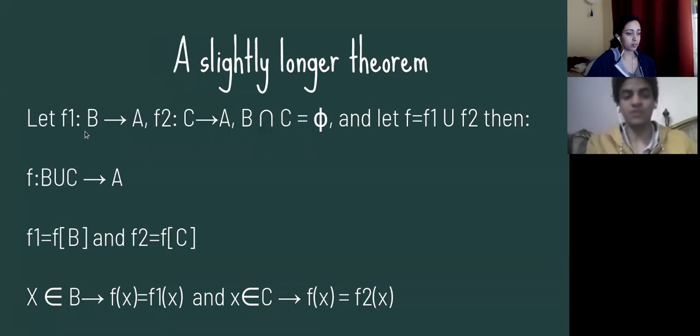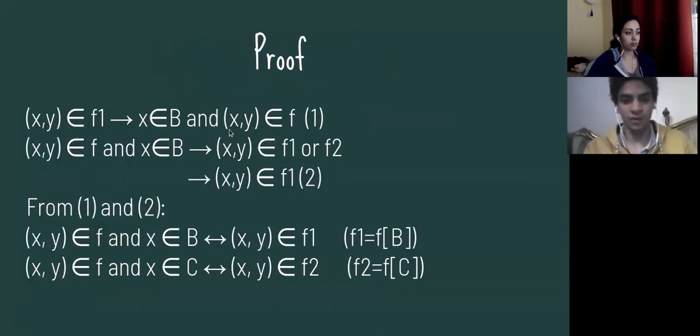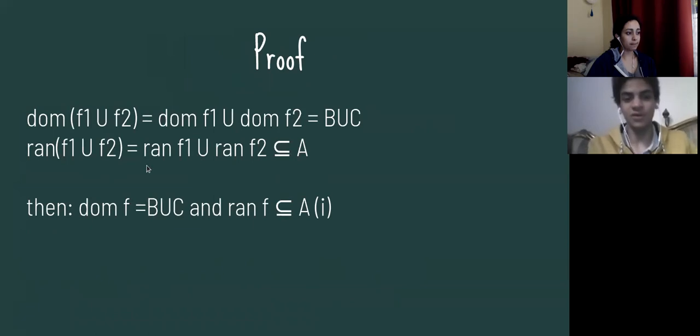So the range of F1 is a subclass of A, and the range of F2 is also a subclass of A. If that's the case, then the union of the range of F1 and the range of F2 would also be a subclass of A. That's just the old idea that if B is a subclass of A and C is a subclass of A, then B union C would also be a subclass of A.